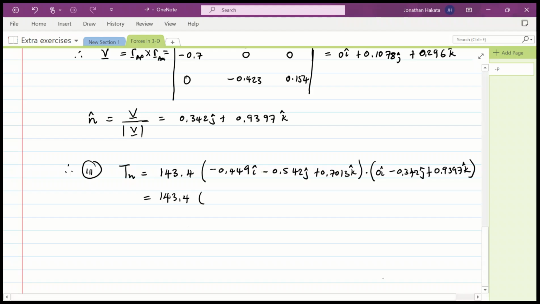But the angle between I and I is 0, so cos 0 is a 1, so that will survive. So minus 0.449 times 0, you get a 0. Then there's no need for us to say minus 0.449 I dotted to minus 0.342 J, because I dot J will be 0.